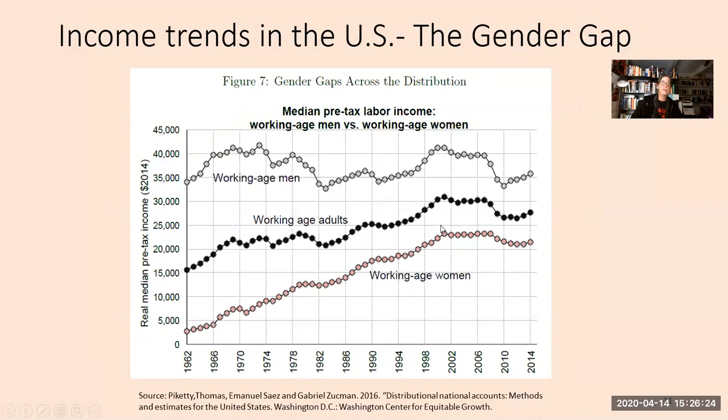Working age adults in total, the median is up. This is an individual now. The median reached a high point in about 2002. This was right around the time of the dot-com crash and economic crisis of sorts, or shortly thereafter. It didn't have that great an impact on salaries and overall income.